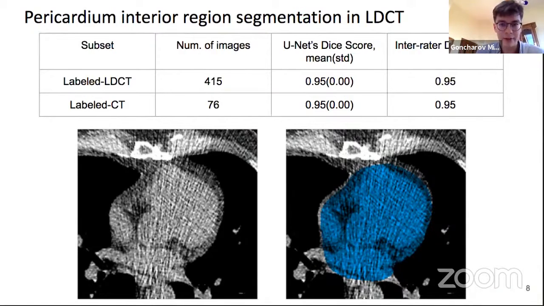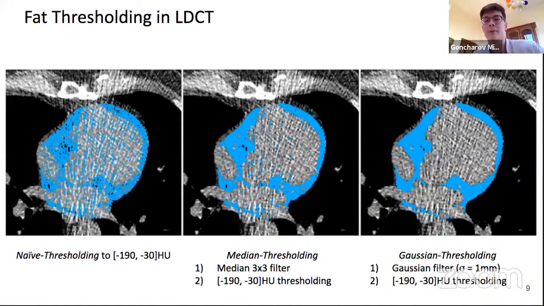So now we have a model for segmentation of pericardium interior region. The last step, but not least, is to obtain a fat mask from inside the pericardium. So here you see 3 examples of 3 approaches of how to do it, and the standard Hounsfield range within the pericardium region performs really bad.